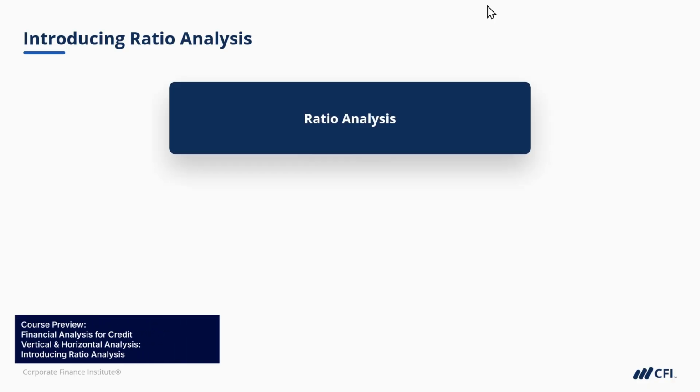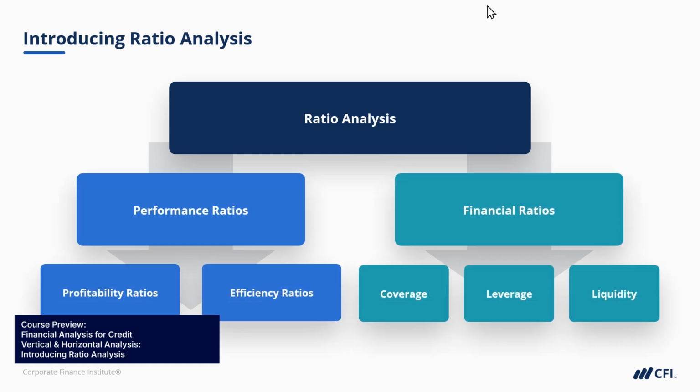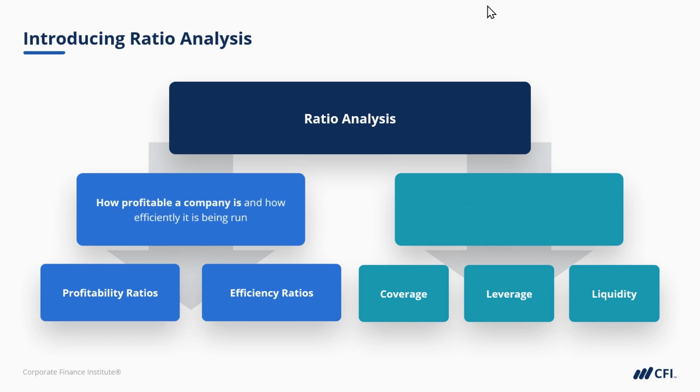When performing ratio analysis, there are two basic groups of ratios that we calculate and analyze: performance and financial. Performance ratios speak to how a company is doing, how profitable it is, and how efficiently it's being run.